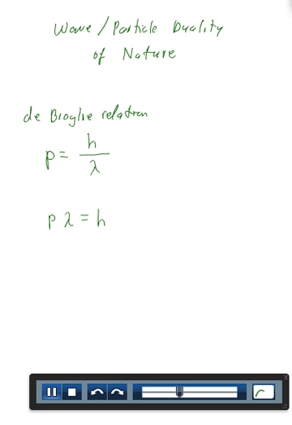Let's review what momentum is. Momentum is just equal to mass times the velocity of a particle. Now momentum is a vector because velocity is a vector. It has both magnitude, speed, and direction, which way you're going, north, south, east, west.